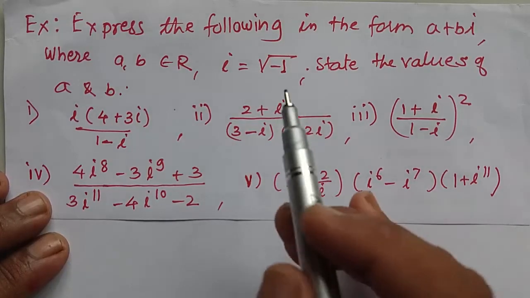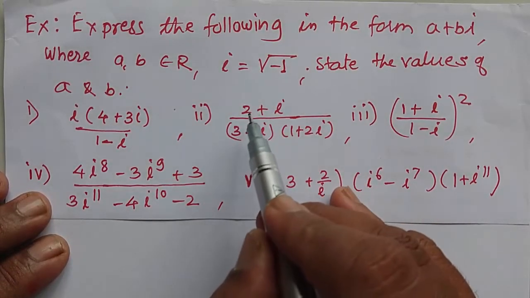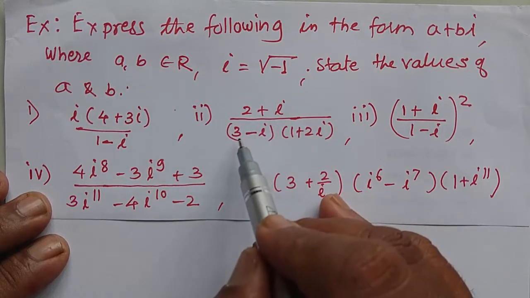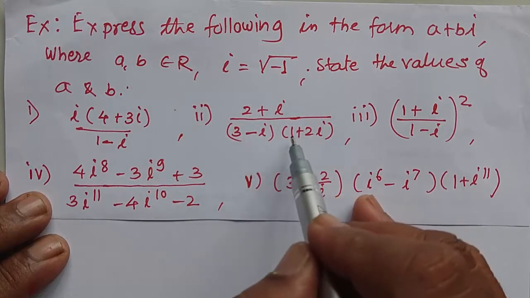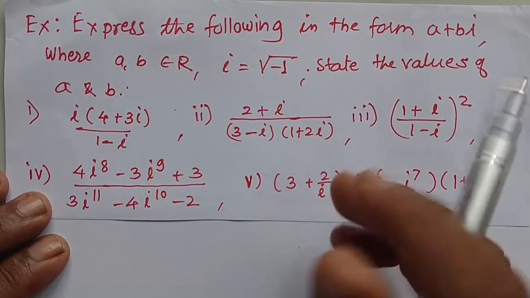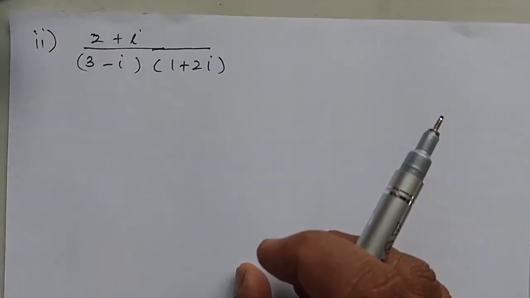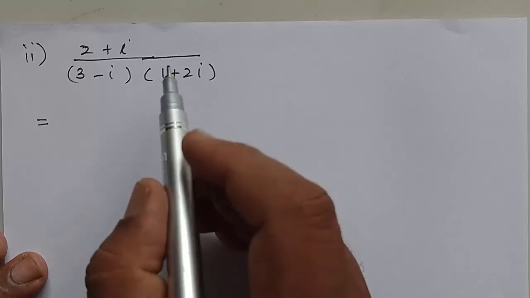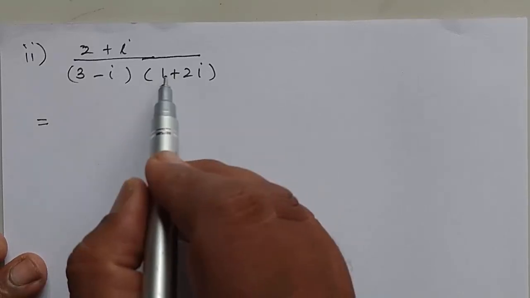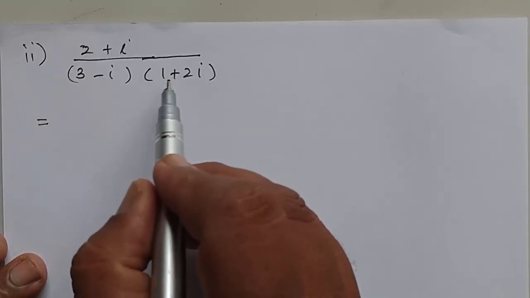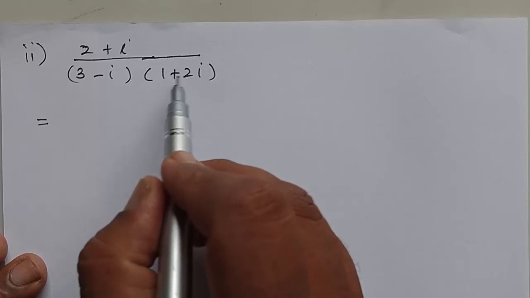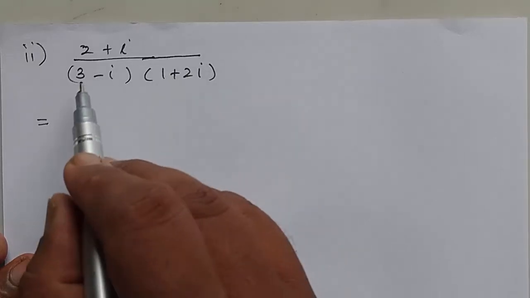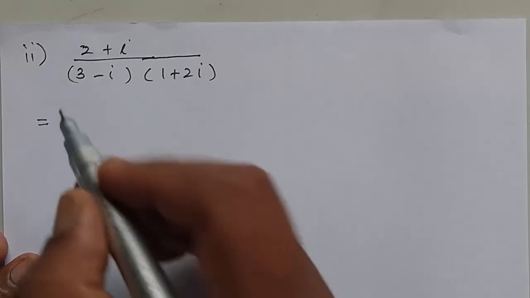The second example is (2 plus i) upon (3 minus i) into bracket (1 plus 2i). So this is equal to, we first multiply the denominator. In the denominator, the bracket 1 plus 2i, we multiply each term of the first bracket.